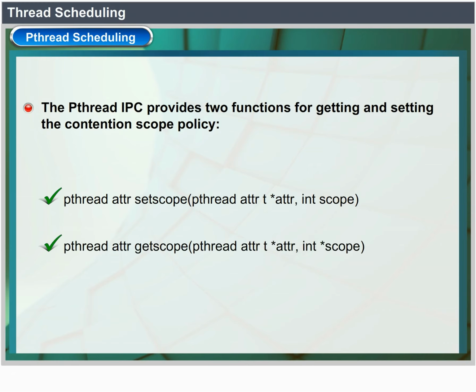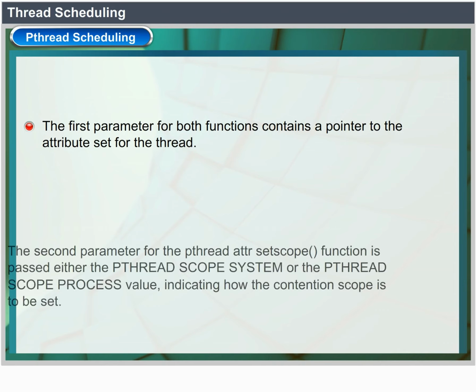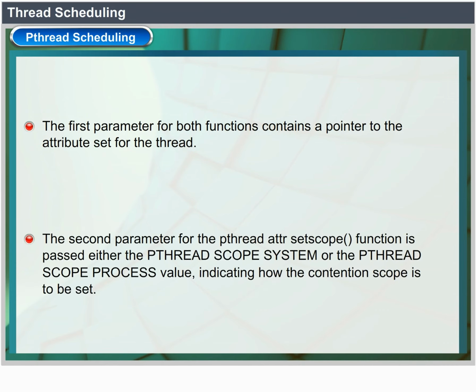The first parameter for both functions contains a pointer to the attribute set for the thread. The second parameter for the pthread_attr_setscope function is passed either the PTHREAD_SCOPE_SYSTEM or the PTHREAD_SCOPE_PROCESS value, indicating how the contention scope is to be set.